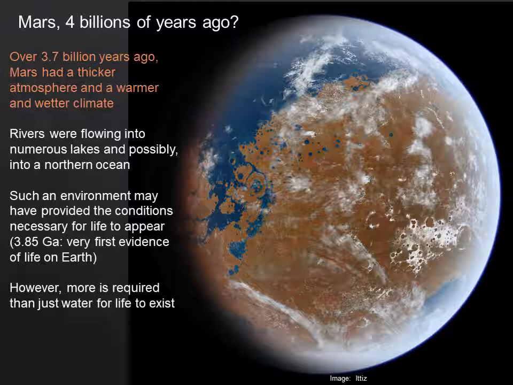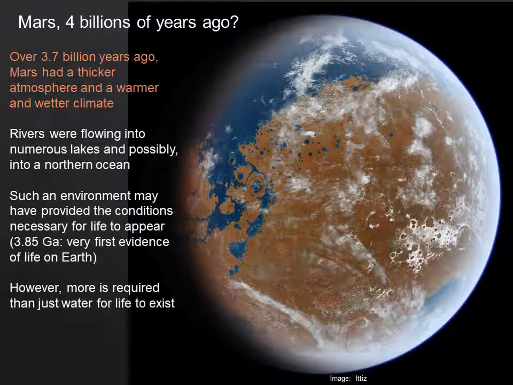Based on those observations and many other observations and measurements, Mars climate models suggest that Mars over 3.7 billion years ago had a much thicker atmosphere and a warmer and wetter climate than today. It may have looked just like this when rivers were flowing into numerous lakes that filled craters and maybe into a vast northern lake or a vast northern ocean.